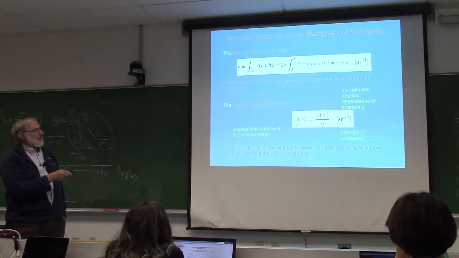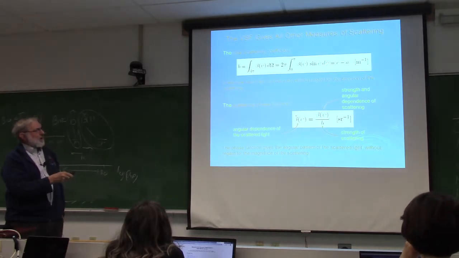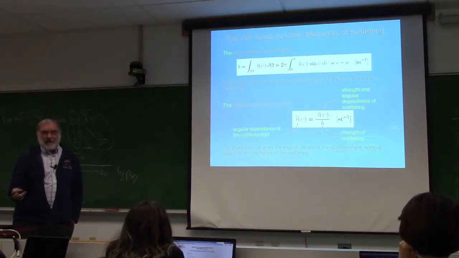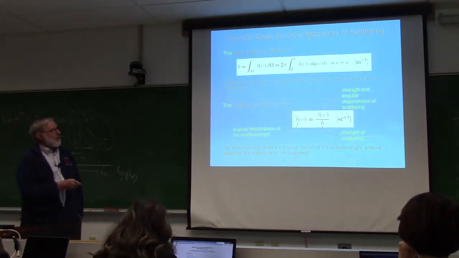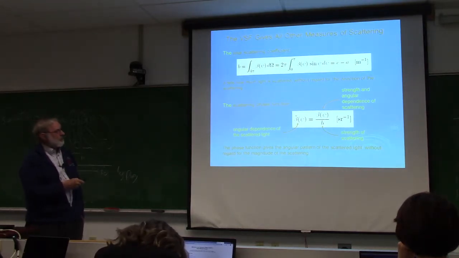So you take the VSF, integrate over solid angle, and now we're integrating the scattering angle from 0 to pi. Anyway, that gives you the magnitude of the total scattering, and of course that's beam attenuation minus absorption.